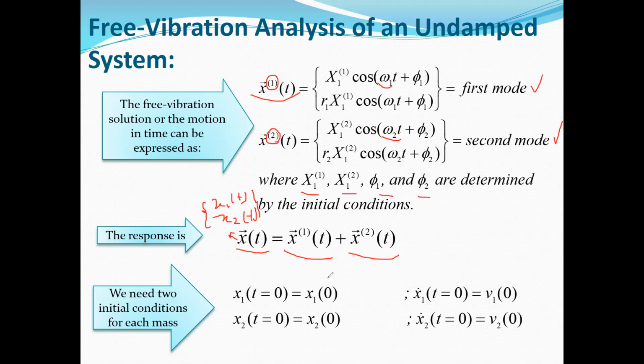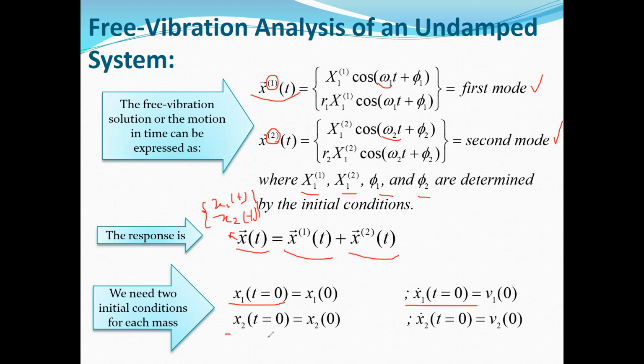from the initial conditions. Because we have 2 sets of ordinary differential equations of order 2, we need 2 sets of initial conditions for each of the masses. So we will have x1 at t equal to 0 and x1 dot at t equal to 0.